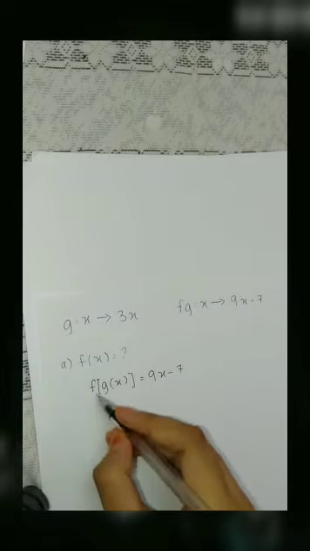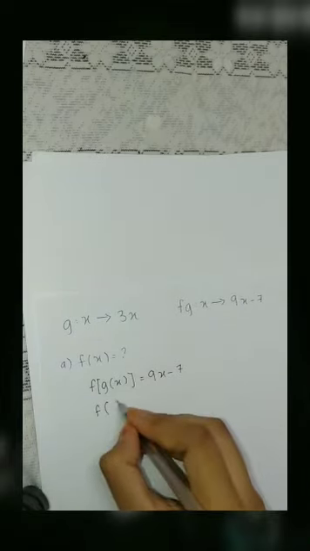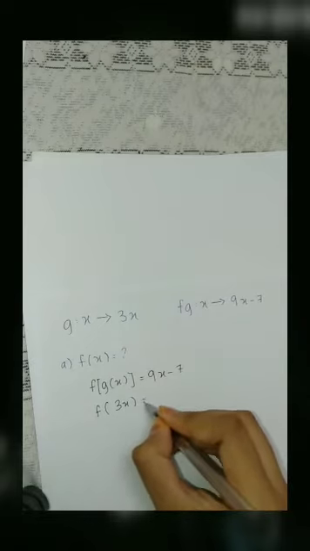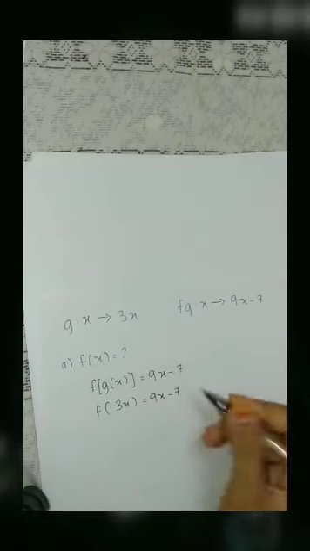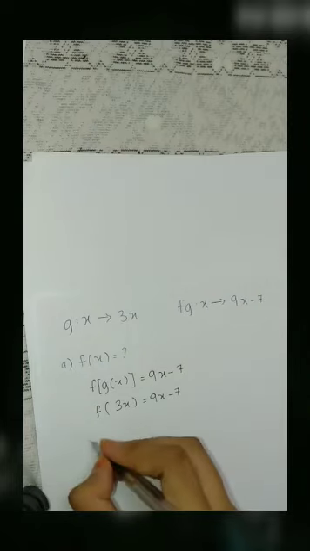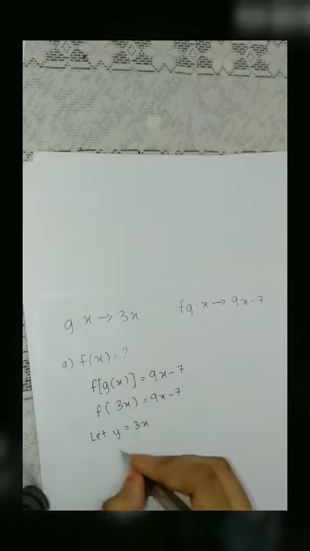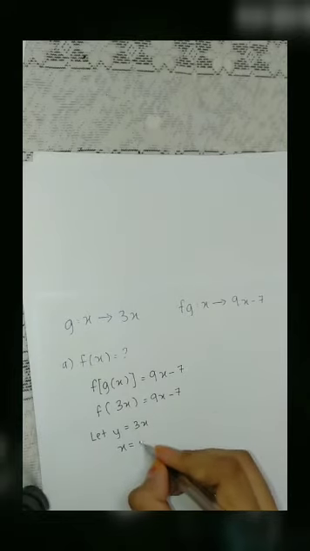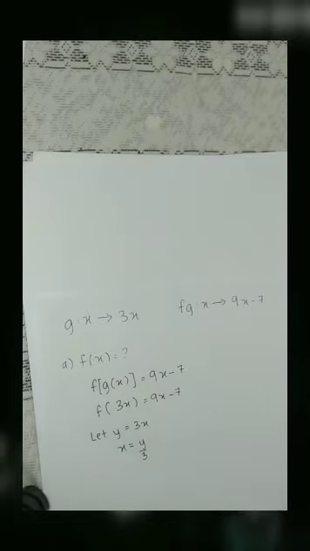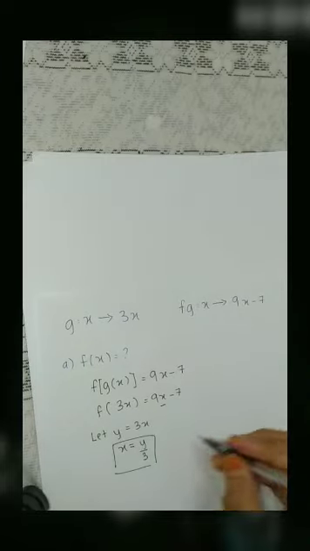The function we're going to find is situated outside, so write f(3x) equals 9x minus 7. So we cannot just move 3x to here. So we have to let y equal to 3x, so x equals y over 3. So we just have to replace this into here.